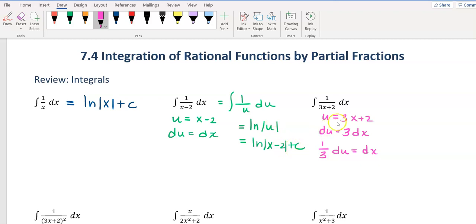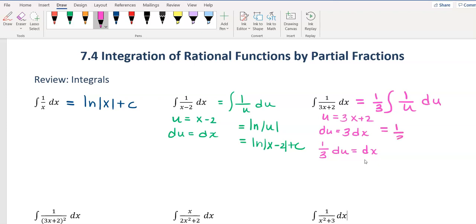For this last one here, it's very similar to the second one. However, in this one, it did have a coefficient when we were taking our derivatives. So we had the derivative of u is du, the derivative of 3x plus 2 is 3 dx, and then we would have to solve for dx, and that would be 1/3 du. So what we'll do at this time, I like to take that 1/3 and put it in front, and then just rewrite this as 1 over u du.